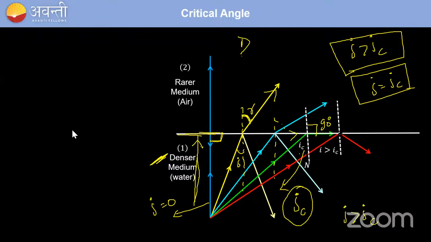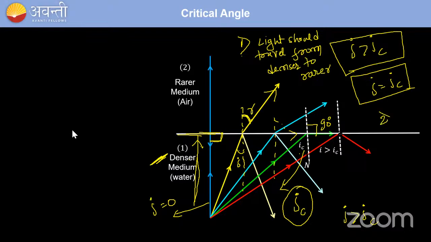So the first condition is that light should travel from denser to rarer. The second condition is that I should be greater than or equal to IC. Again, equal to IC means it will just graze. It should be greater than IC for total internal reflection to happen.